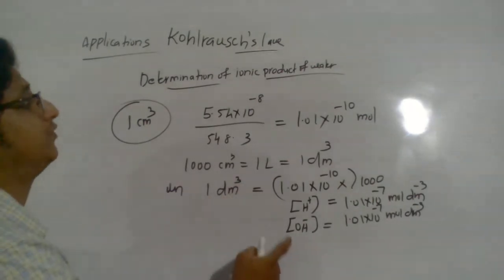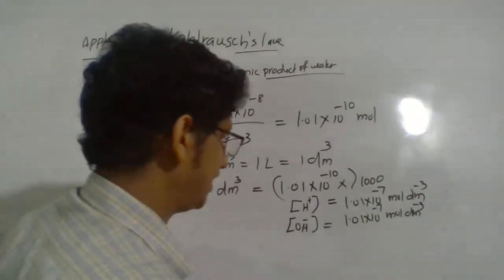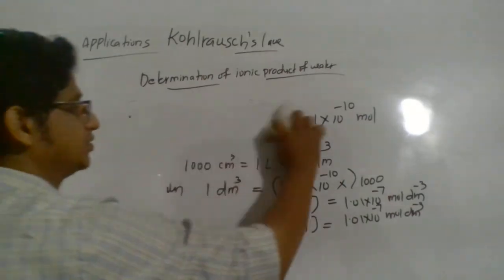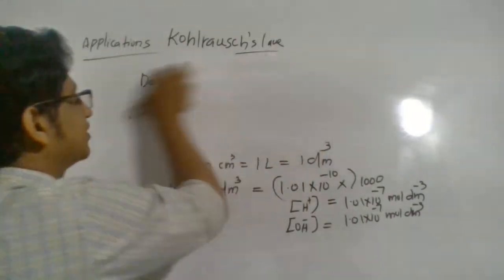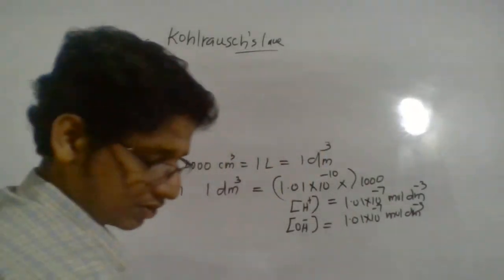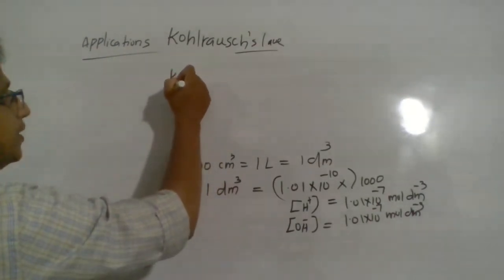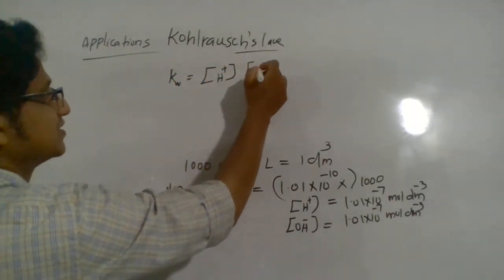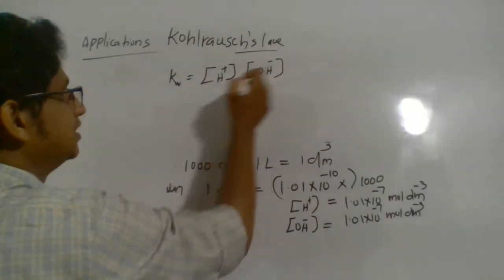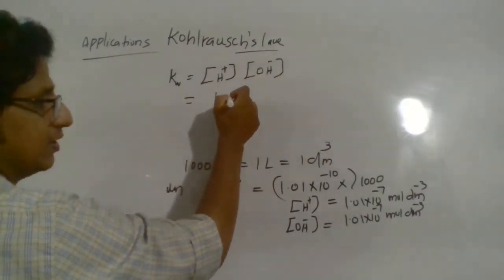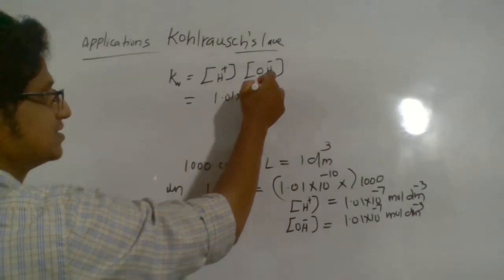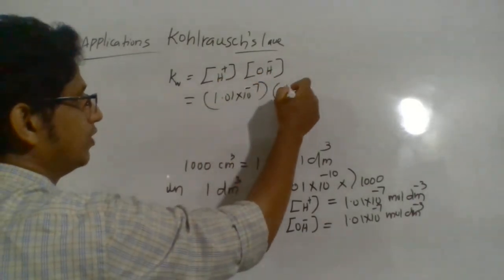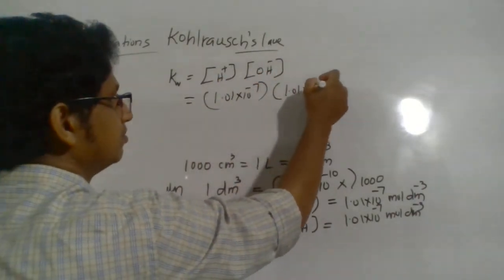If you have these two values, multiply both to get the ionic product of water, because we saw the ionic product of water is Kw, which is equal to the product of the concentration of H plus and the concentration of OH minus. That is 1.01 into 10 raised to minus 7 into 1.01 into 10 raised to minus 7.